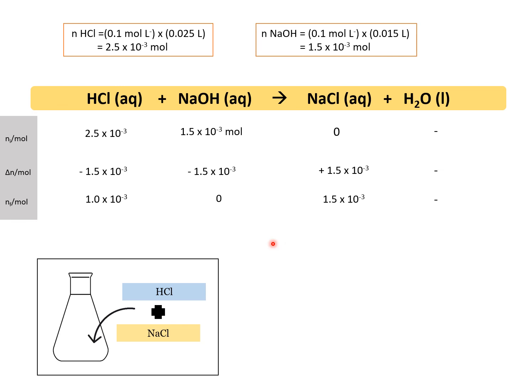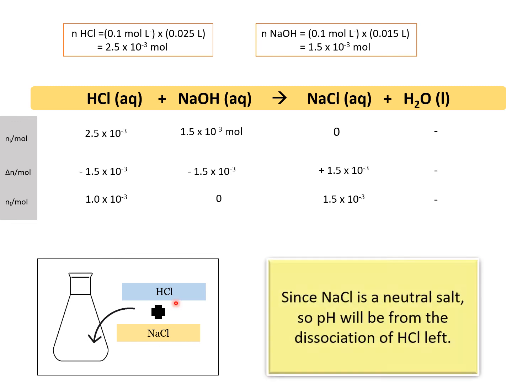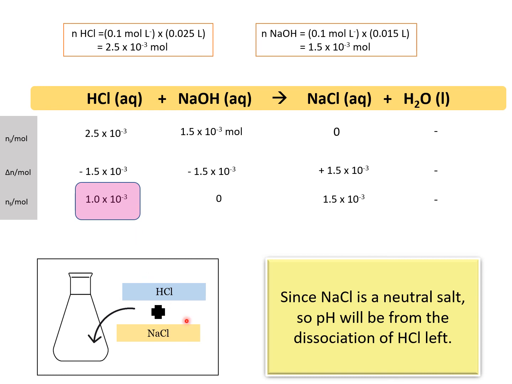Okay, but now, so kita punya pH akan ditentukan berdasarkan apa yang ada. So kita ada dua ni, HCl dengan NaCl. Okay, but for this reaction, since NaCl is a neutral salt, so pH will be from dissociation of HCl sahaja. NaCl takkan dissociate, dia takkan ada pH daripada dia. Okay, tak ada hydrolysis of cation and anion from NaCl.